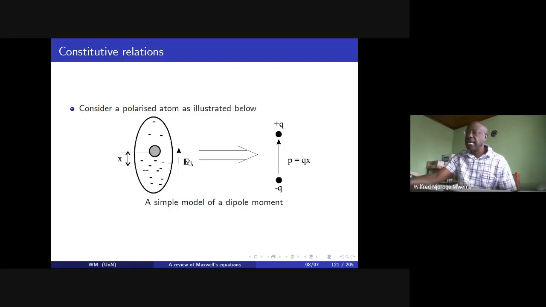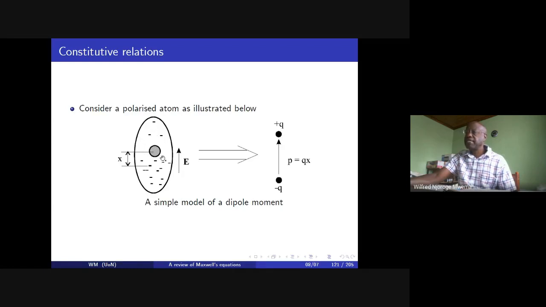Once we introduce an E, electrons try to move in the opposite direction to the applied electric field, and therefore we see an elongation of the atom. The atom now takes the form of a rugby ball rather than a soccer ball. Now, since electrons are lighter than the nucleus, we can always assume that the nucleus does not move, but it's only the cloud that displaces.